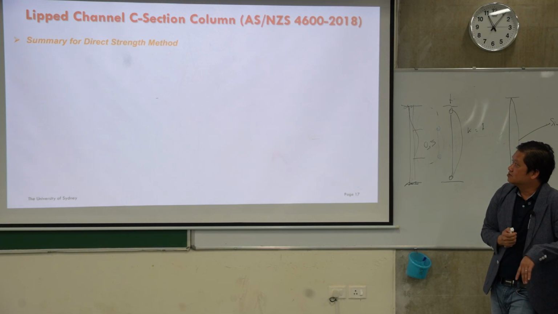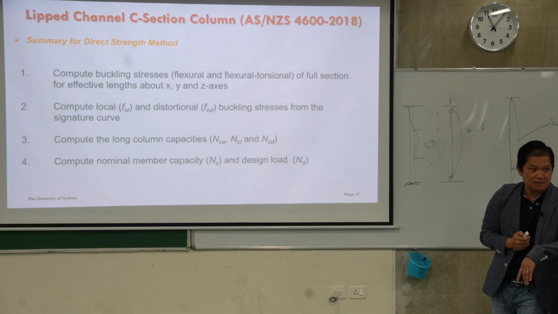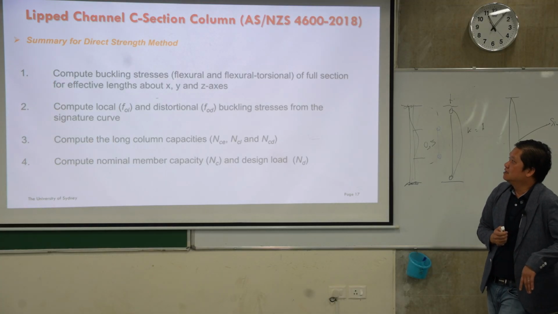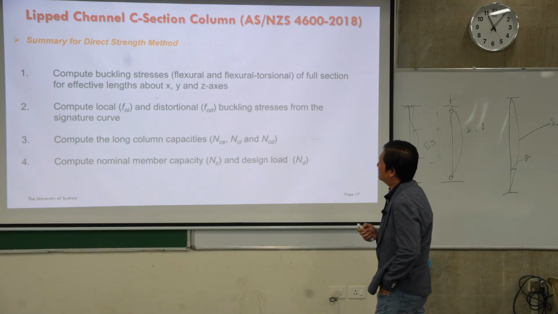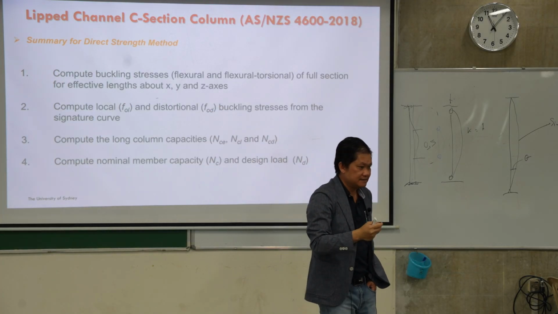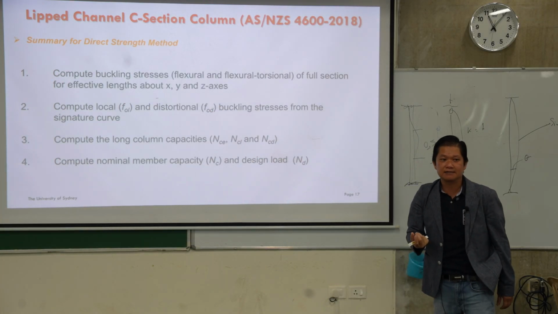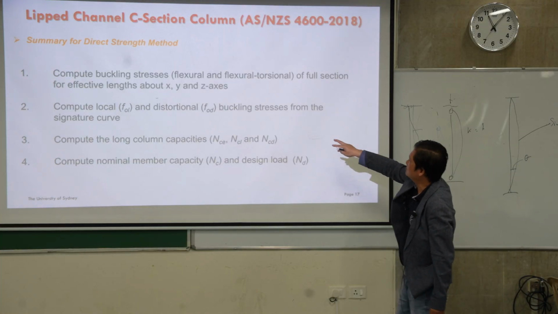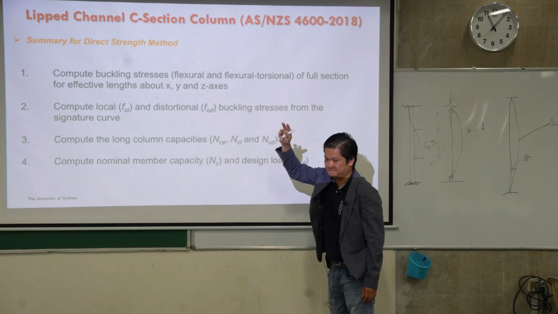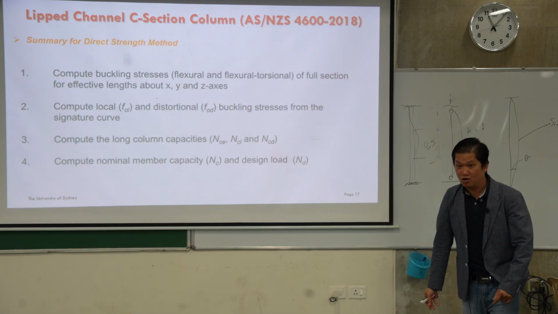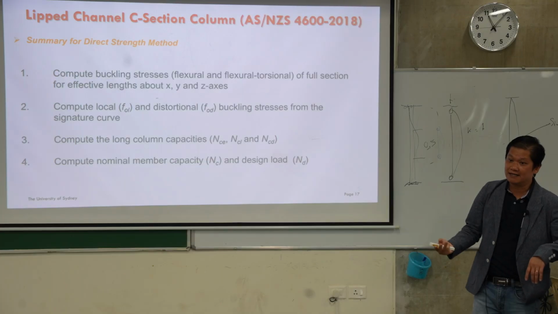Okay, so let's do a summary about the column, and then we have a break. And then after that, we come back and do beam and shear. So, just a summary of how to do it. First is from the buckling stress. From Thin 2, you get the minimum point, and then you calculate the buckling load for local buckling and distortional buckling.